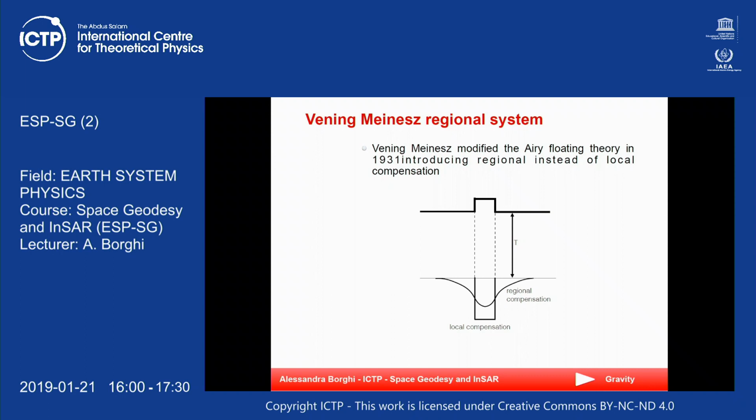So also other researchers smooth this quantity, using a low pass filter to have a more regular, smoother surface, because this type of discretization is easier for our computation, but we don't expect that in nature we have this very sharp figure. So they introduce a local compensation, with a low pass filter, to have a more regular compensation surface.